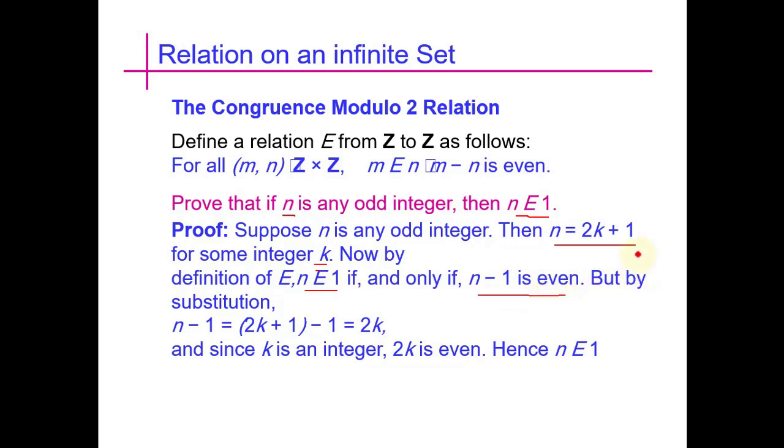So n minus 1 is equal to 2k plus 1 minus 1, which gives us 2k, and since k is some integer, it is an even number, hence n is related to 1.